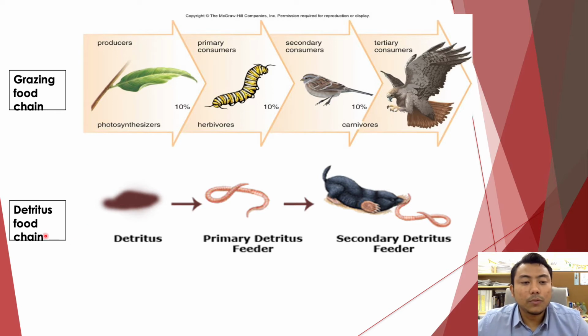For detritus food chain, we start with detritus. Detritus ni adalah organism yang akan makan haiwan yang dah mati, bangkai ataupun pokok-pokok yang dah mati semua kan. Then it is eaten by primary detritus feeder, contohnya earthworms, and then earthworms is eaten by secondary detritus feeder like this animal.